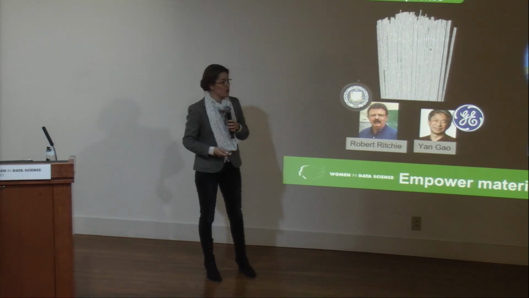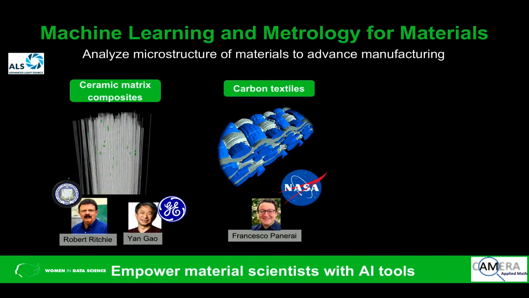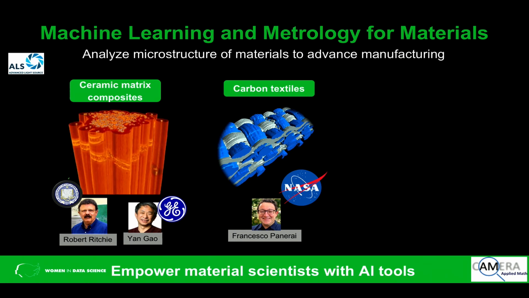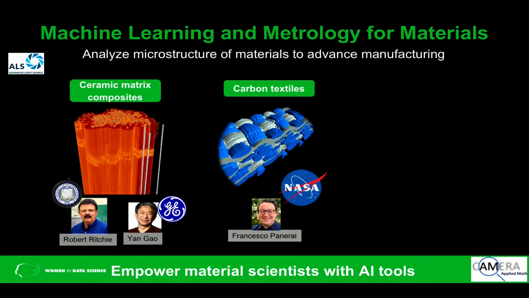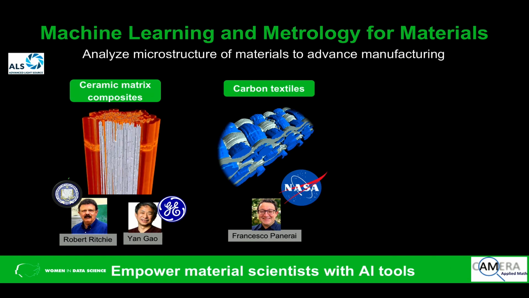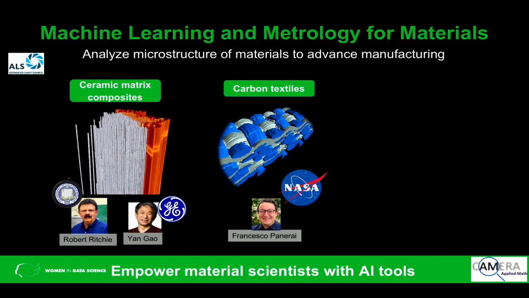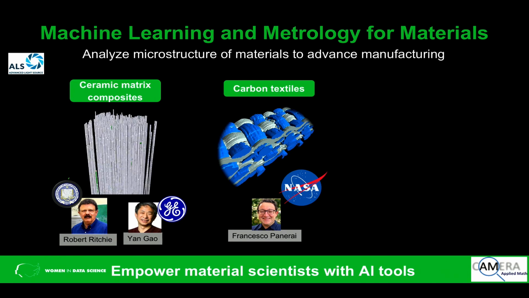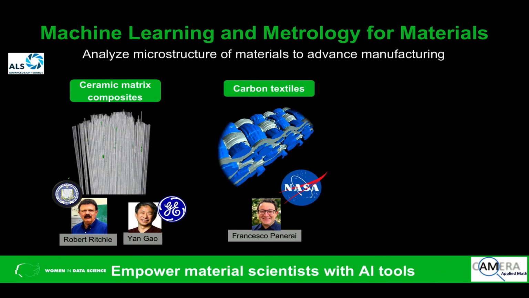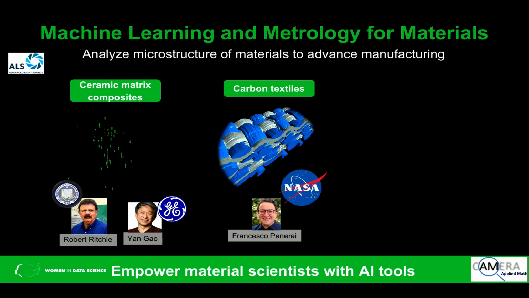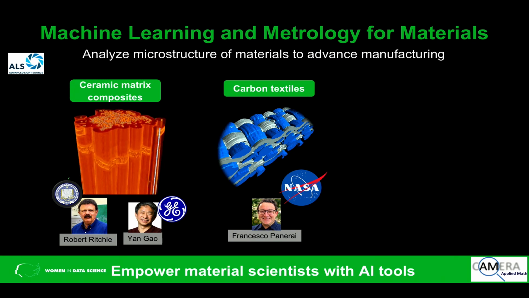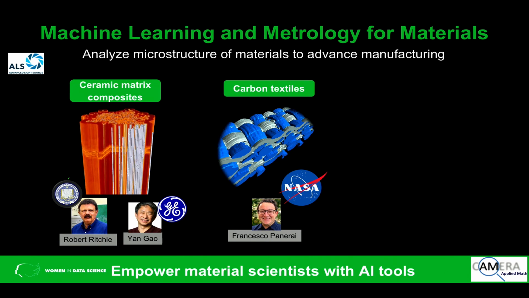Another type of sample here is some of the material that NASA is interested in called carbon textiles. And here, this is a protection to the aircraft that is going to missions such as Mars 2020, which is this one. So in order to protect the rocket, they have this wrapping. And their question is, can you give me more information about how this carbon textile is organized?